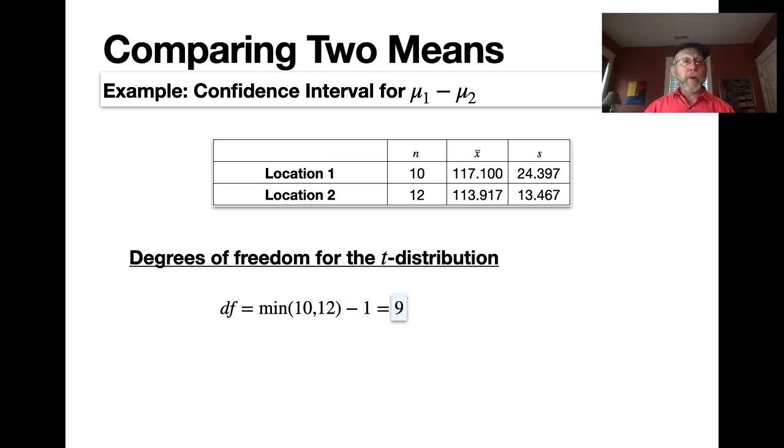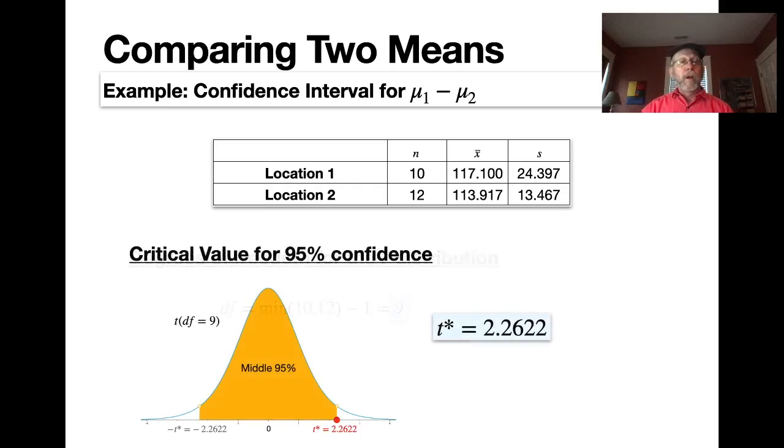The degrees of freedom for the t-distribution, again, you take your minimum sample size between the two groups and then subtract 1, so that's going to be 9 in this example. Now we need our critical value for the margin of error. We have a 95% confidence level, so we need the middle 95% of the t-distribution with 9 degrees of freedom, again using our conservative estimate.